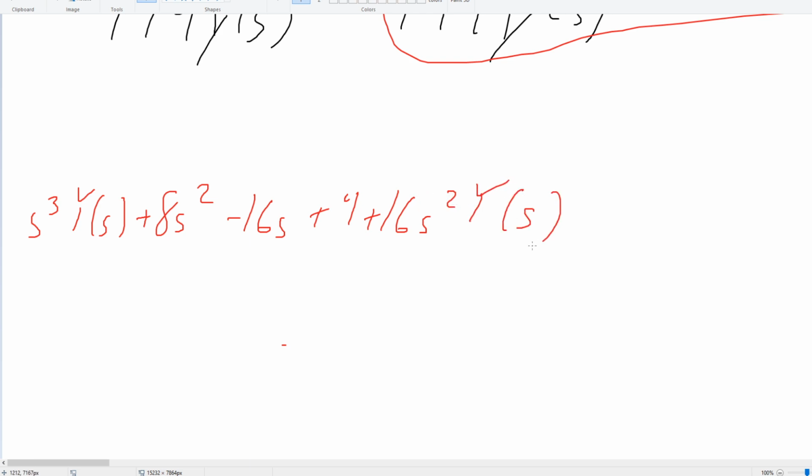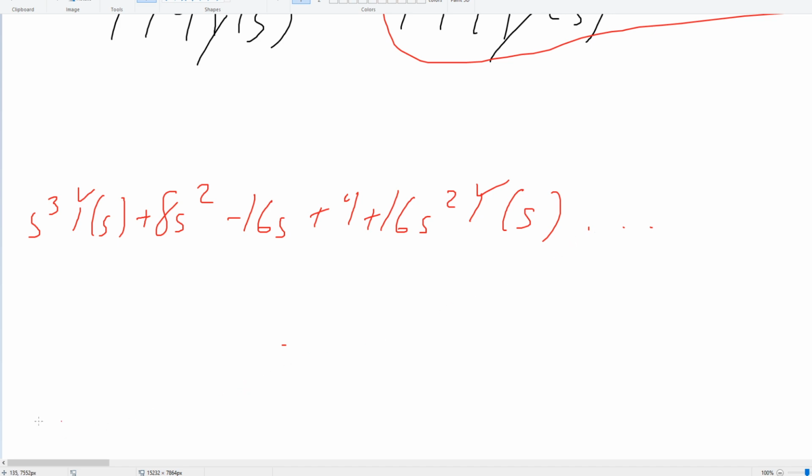Alright, this is going to be way too long to write. You don't have to write this, right? Dot, dot, dot. What we're going to do is actually add all of this stuff up. So anytime you see just a constant, you're going to add those up. And if you have a ys, just keep that a little bit separate.